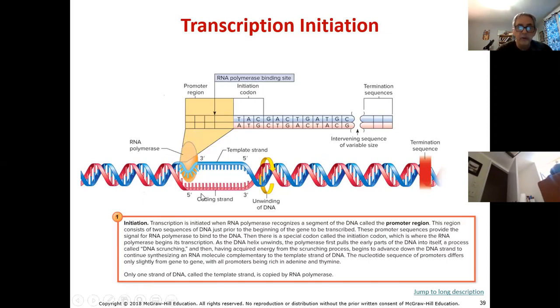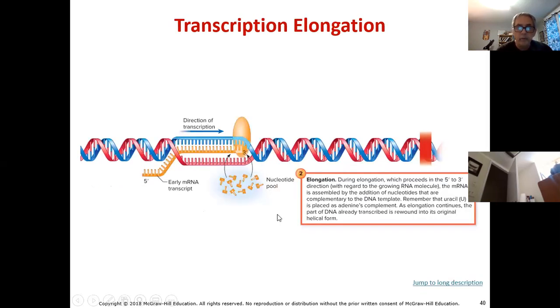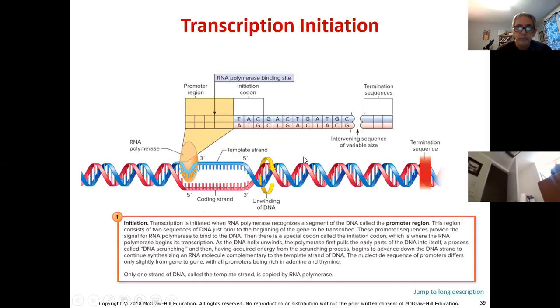So the DNA molecule has to open up. Now, this is not replication. This is the beginning of transcription. You have an RNA polymerase, the enzyme that makes the RNA. You have an initial start codon. TAC is the start code in the DNA.